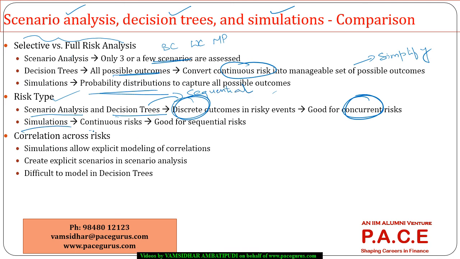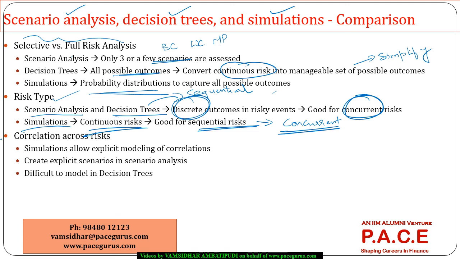But simulations are more targeted toward continuous risk, which means even if the risks are one following the other, or even if they are concurrent risks, I can very well go ahead and perform a simulation and take my decision accordingly.